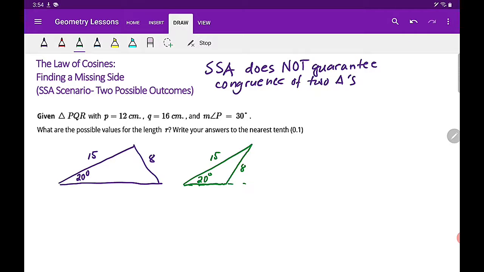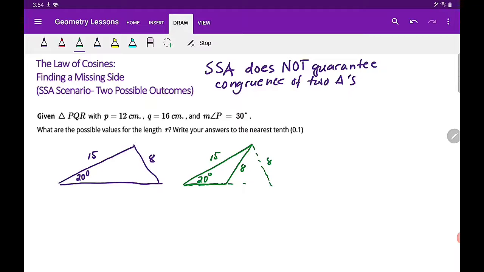Remember, in the other triangle, 8 is right here, but here 8 is over there. So I have two triangles. They have the same set of sides and angle that are given, however they are not congruent. So that's what we call the ambiguous case, and that's what we're dealing with here.